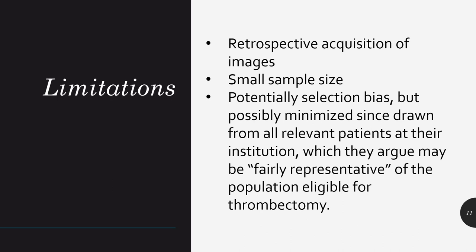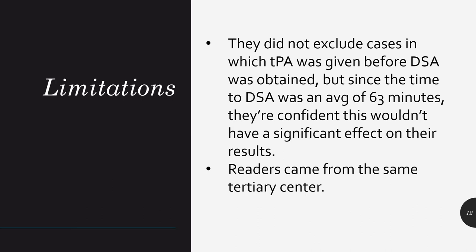They mentioned they potentially had selection bias, but this was possibly minimized since they drew from all the relevant patients at their institution, which they argue would make it fairly representative of the population eligible for thrombectomy.